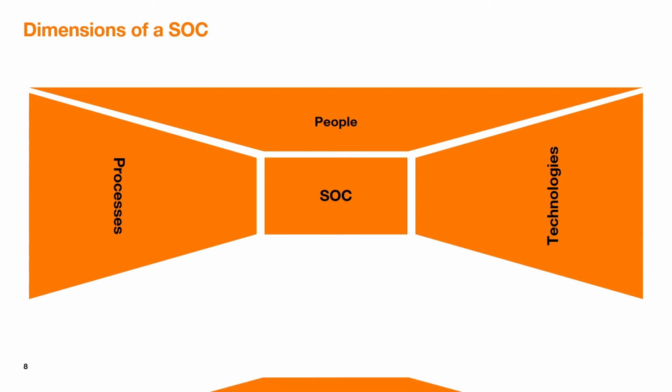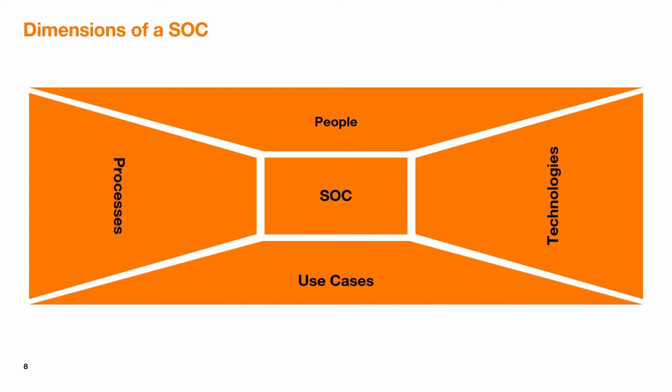And the fourth dimension is the use cases. The use cases are the basis of the daily job. Use cases describe the conditions and the indicators that point to a use case, and then you can act on it.